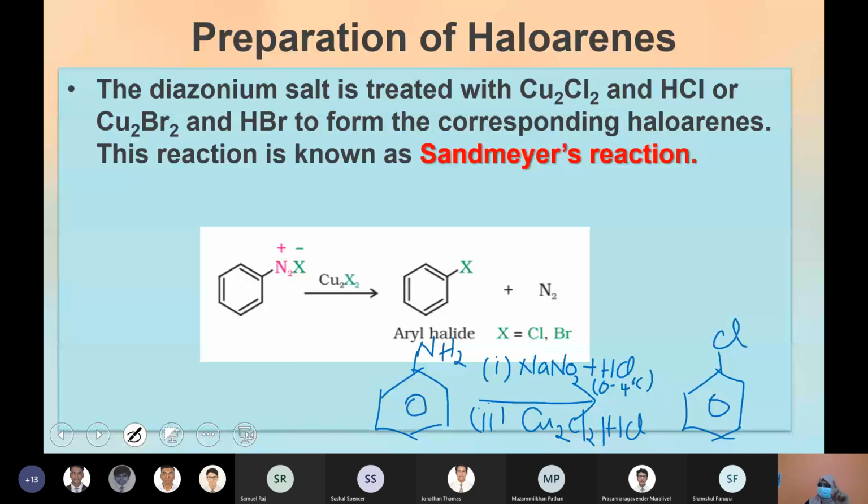On the arrows, you write 1 and 2 above and below the arrows, so that the first step is diazotization and the second step is the substitution with copper halide. This is how you do it during conversions. We don't need to show the diazotization separately.